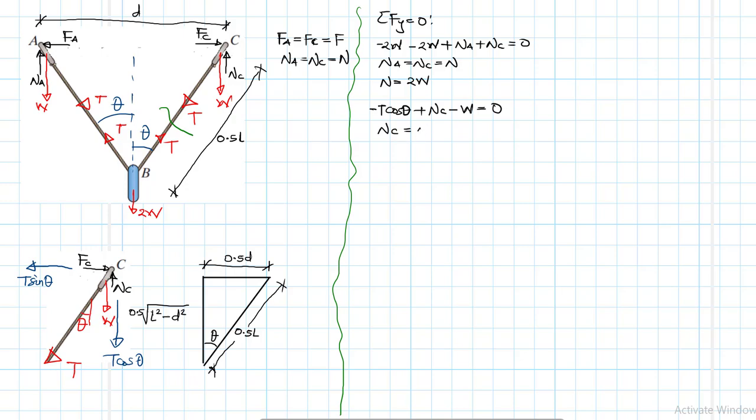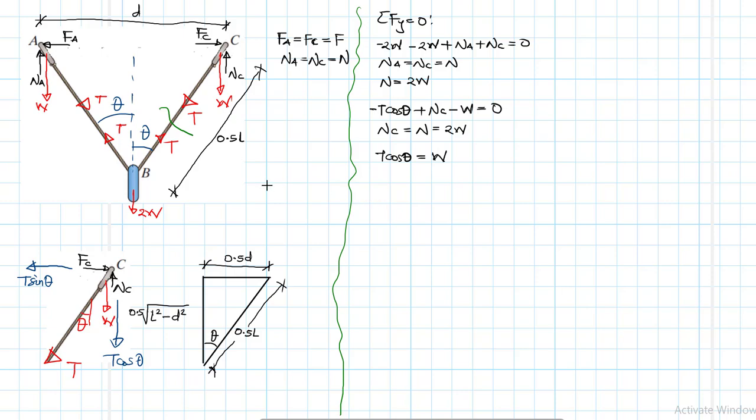NC is equal to N, okay, which is equal to 2W. So therefore what we have here is T cos theta is equal to W, right?